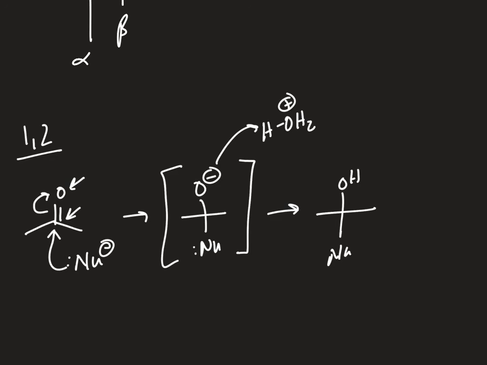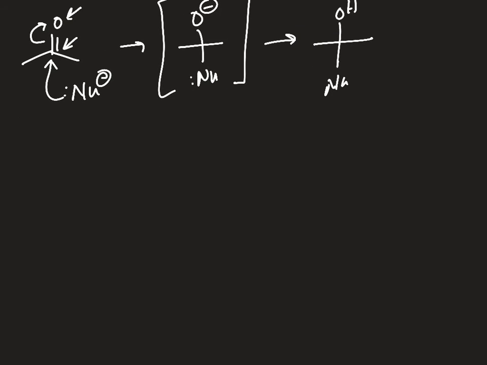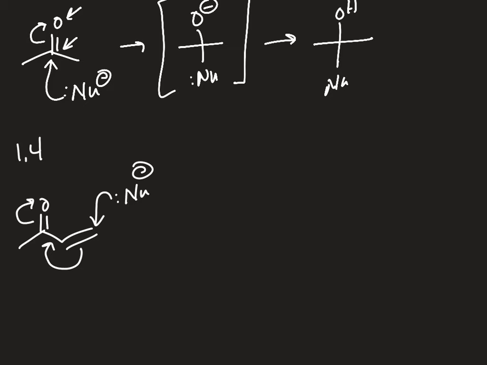For 1,4 conjugate addition, again, we're going to have our carbonyl and the double bond. The nucleophile, whatever it might be, is going to attack at the 4 position, or the beta position. That's going to cause those pi electrons to shift, and then the pi electrons in the carbonyl to shift up to the oxygen. So our intermediate here is again conjugated.